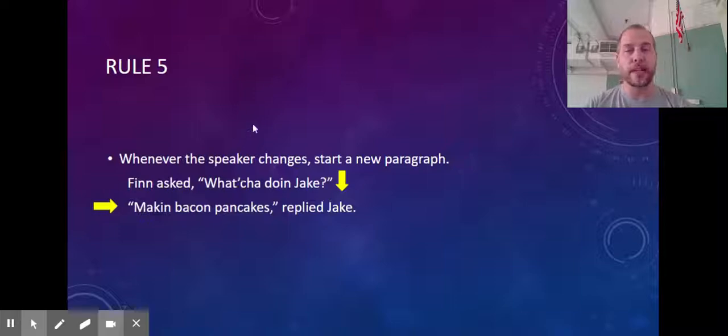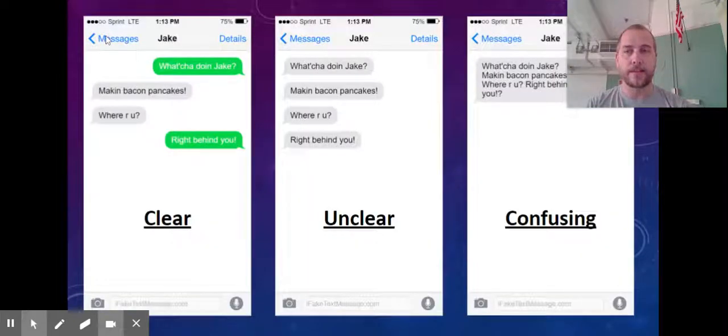And so you'll notice that this is not just the case in writing. If we were to look at a form of writing that you're very familiar with, text messages, you'll see that something similar happens. On most text message conversations, there's a left and a right-hand side of the conversation.